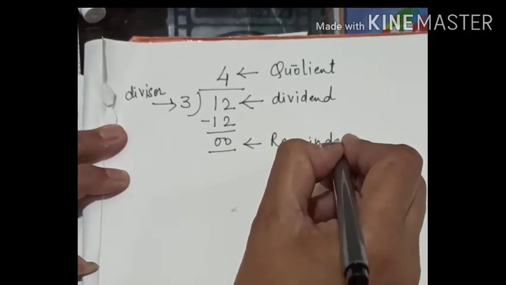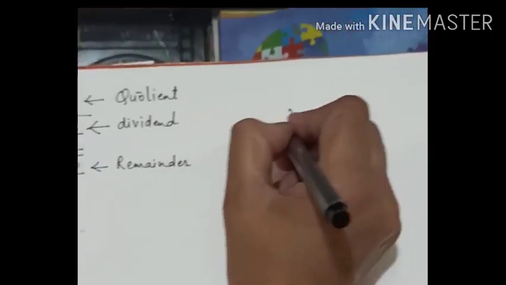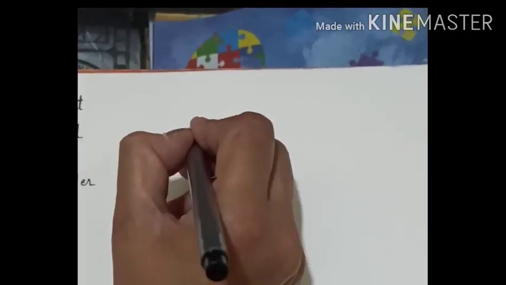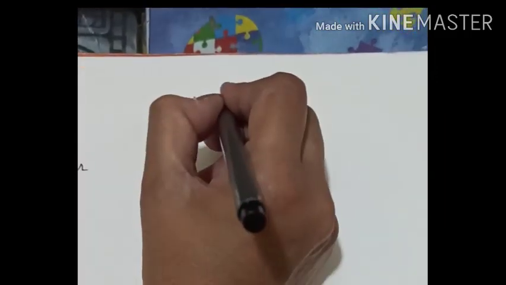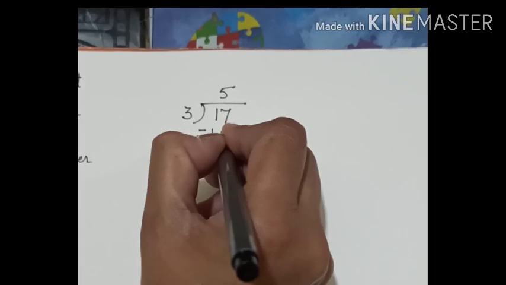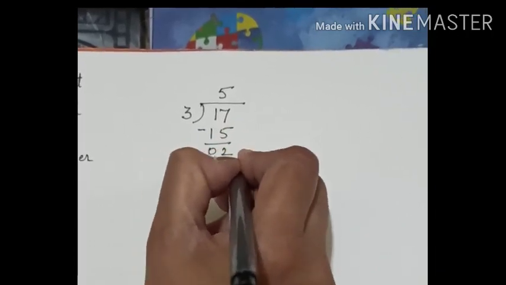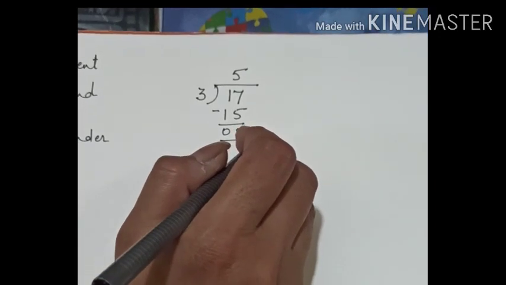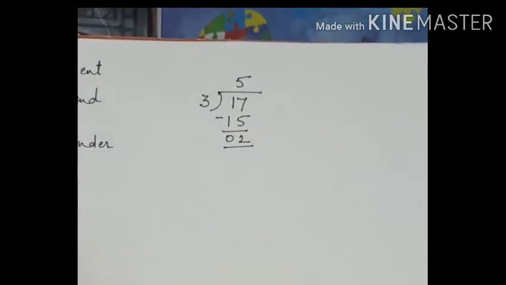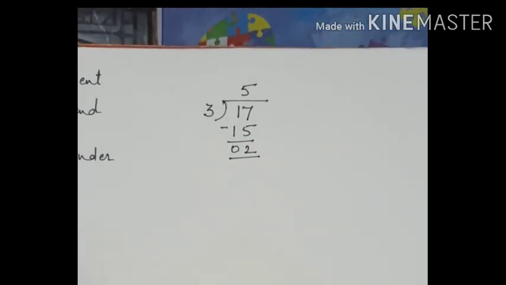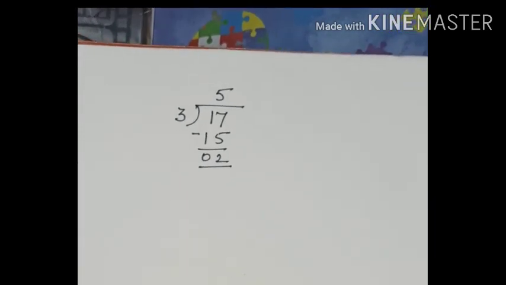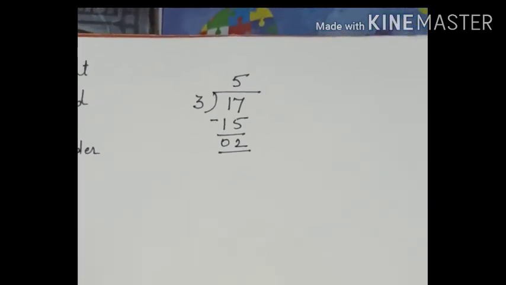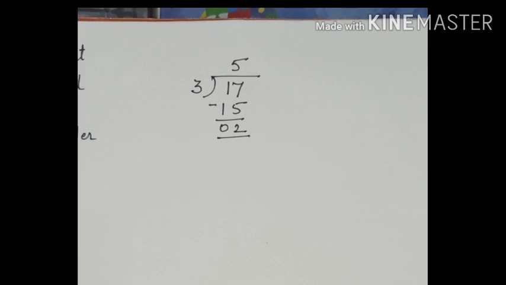Now if you divide 17 by 3, 3 5s are 15. After subtracting, the remainder is 2. Now you find out whether you can divide 12 by 2, 3, 4, 5, 6, 7 in this way.